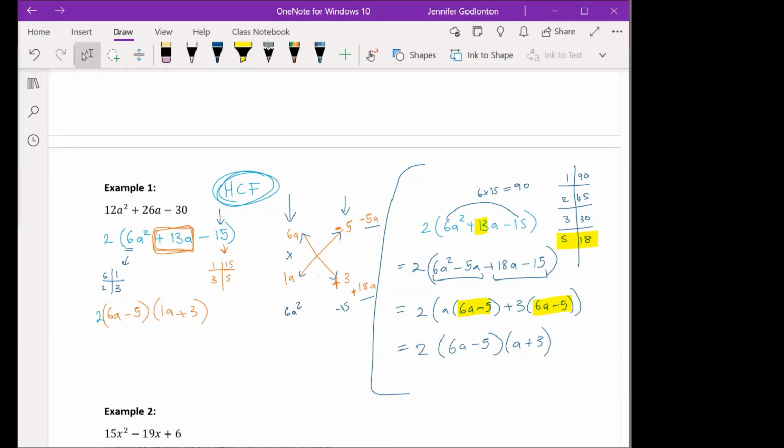I see the panicked emojis, don't panic. It just takes time and practice, I promise. I also find the first method way easier. I'm a big fan of the crisscross, but I know some of your teachers may teach you the other way, and so I didn't want you to not have seen it and panic if you see it again at some point.